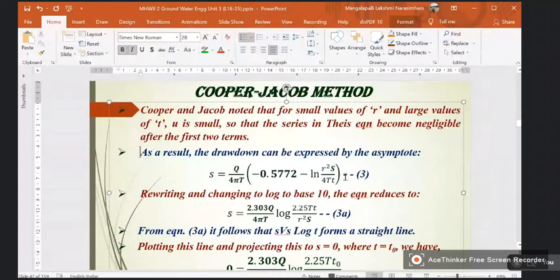This equation is rearranged by replacing natural log with log base 10.